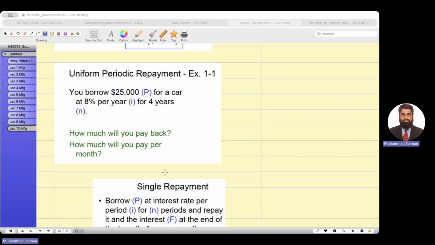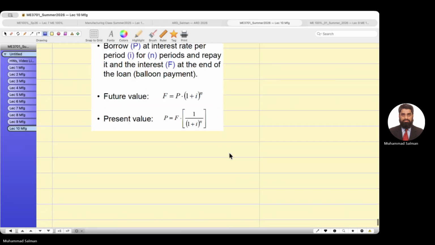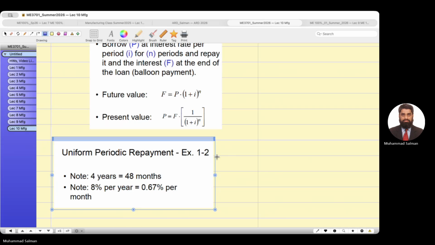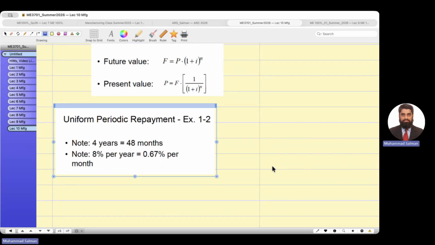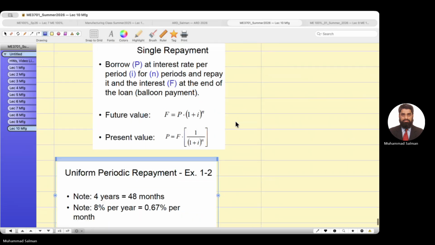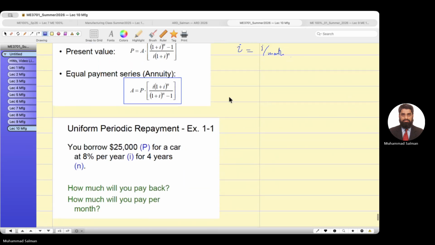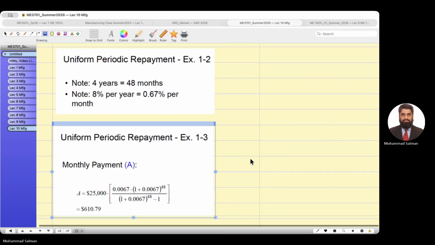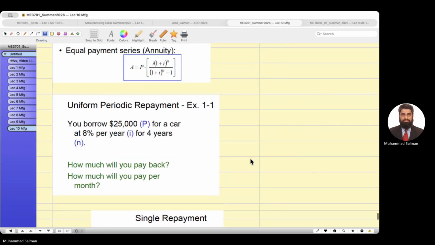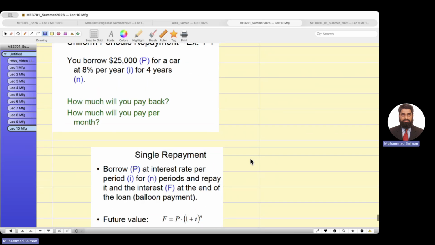Okay, let's see. Number of years is 4, so it will be 48 months. 8% per year means 0.67% per month. So I'm using this formula.